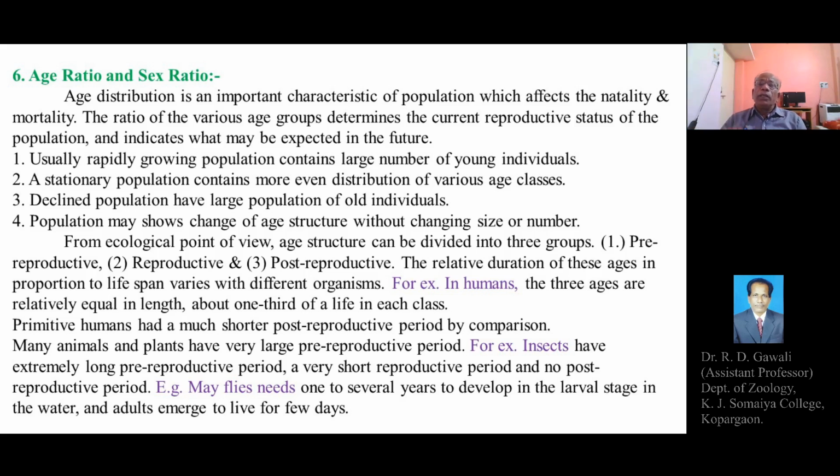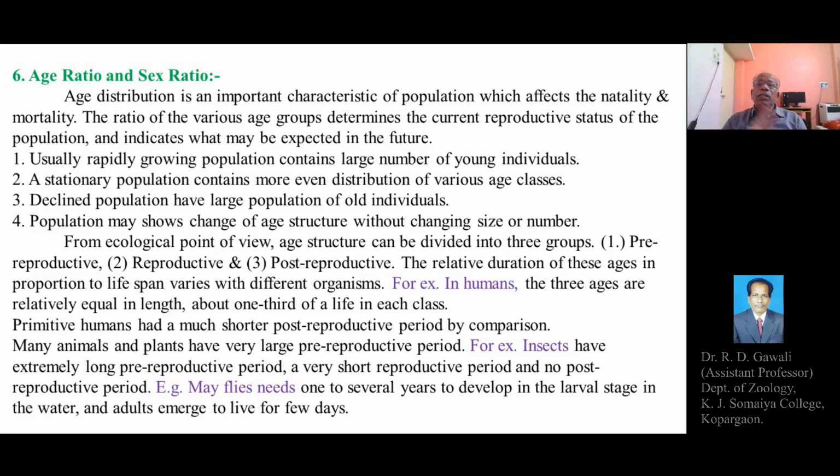For example, in human beings, the three ages are relatively equal in length, meaning the duration of each age group is equal: pre-reproductive, reproductive, and post-reproductive, or young, adult, and old age groups.